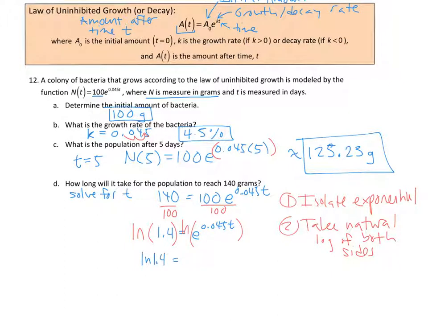Natural log of e is 1, and so we end up with 0.045 t. And then my last step is to isolate t, or solve for t by dividing both sides by 0.045. So step 3 is to isolate t.